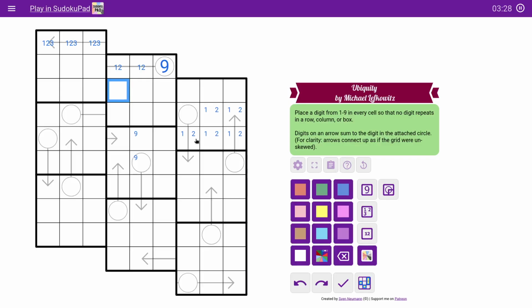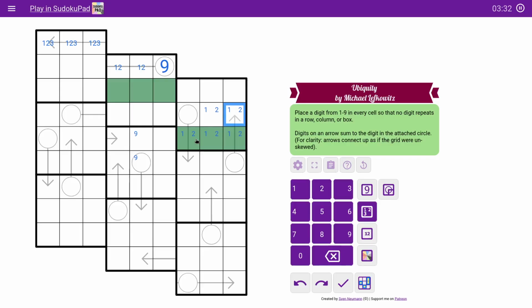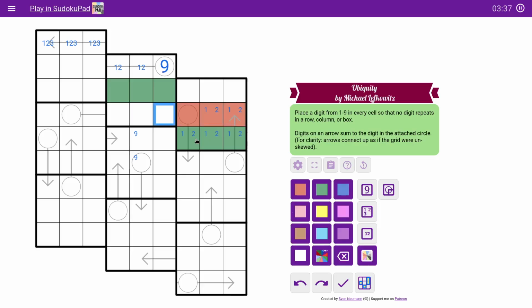No, that doesn't fully capture the argument I just made. So suppose these green triples are identical, and these red digits are not green and they're not here, so therefore they're here. And therefore this. Which obviously is a contradiction.